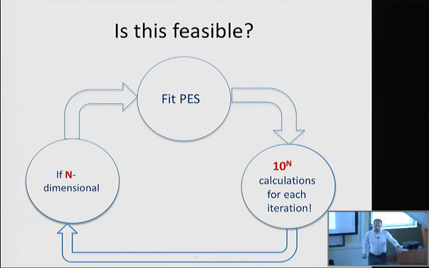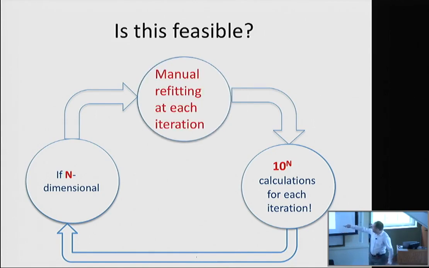For a 6-dimensional 4-atom chemical reaction, that would be completely out of reach. Now, the other problem, of course, is that at every cycle of this iteration, you would have to ask your student to manually refit the potential energy surface, right? So here you go. For a 6-dimensional system, you would have to do 1 million calculations, and you would have to readjust the potential energy surface manually 1 million times. So this would completely be unfeasible.